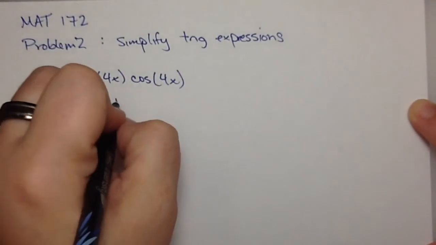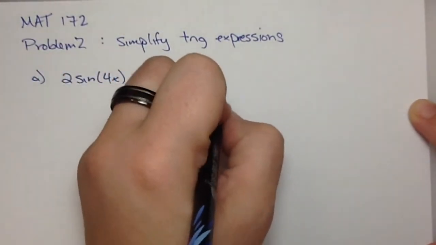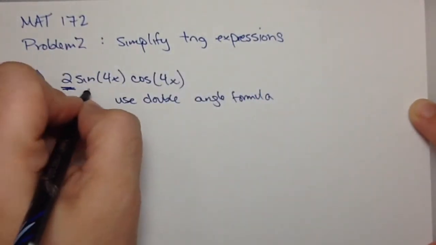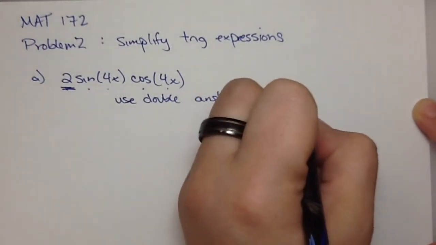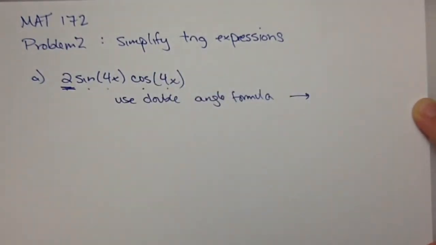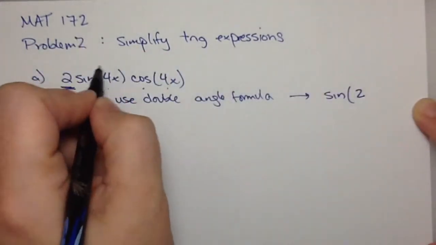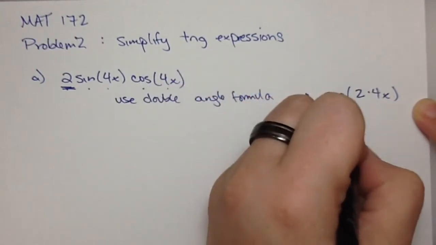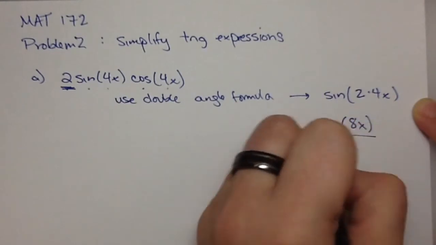So we are using the double angle formula, because we've got twice the sine of something times the cosine of that something. And this simplifies to the sine of 2 times whatever's in the parentheses for x. So this is just the sine of 8x, and we're done.